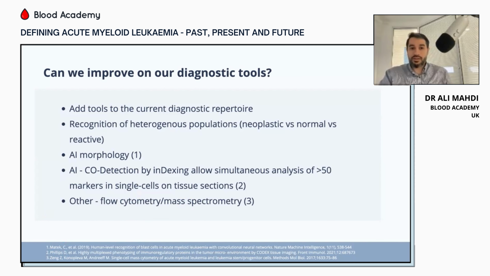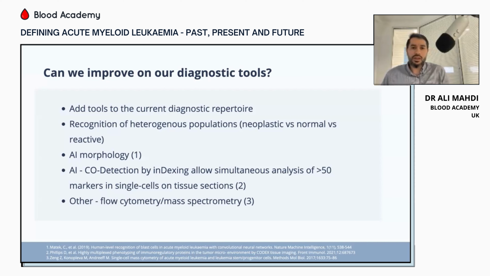The other thing which I think is a very exciting field of evolution in terms of diagnostics is the role of mass spectrometry and flow cytometry, using these two methods together to highlight more and more of these subpopulations of blasts. The problem with using standard flow cytometry is that you can have overlap in all the different antigens in terms of their expression. So if you expose a sample to 20 or more different antigens, you will get overlap between the expression.